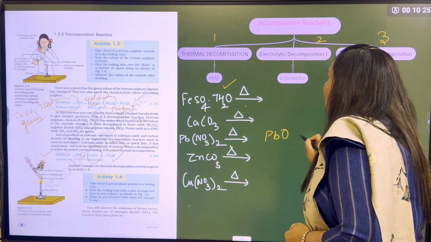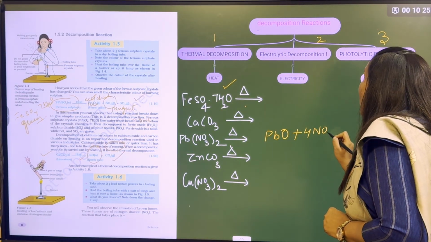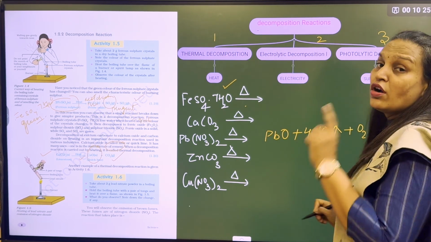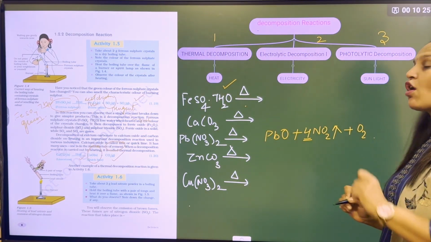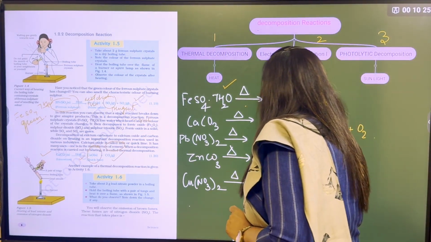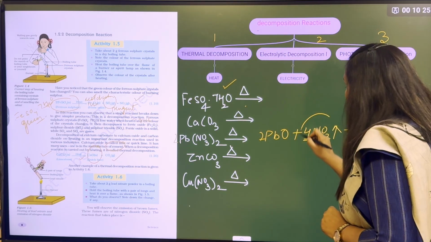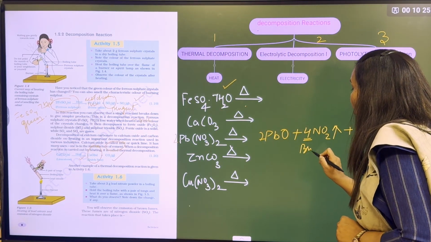PbO plus, how I have taught you, 4NO2 plus oxygen. Right? So the next step is balancing. I told you we have to remember the coefficient 4. So here 2, here 2. And the most important thing is 4NO2 is a gas which has brown fumes.